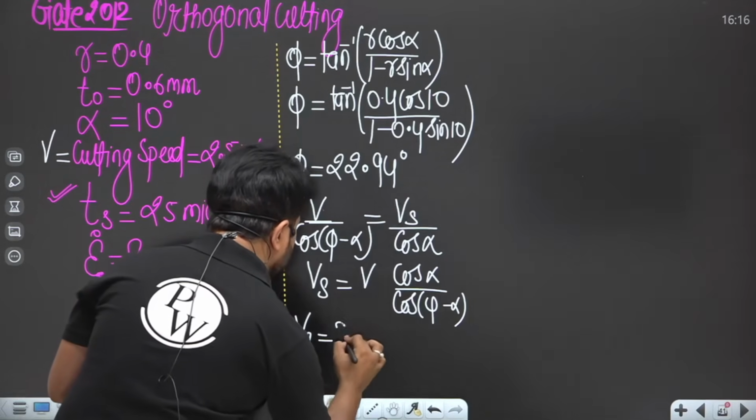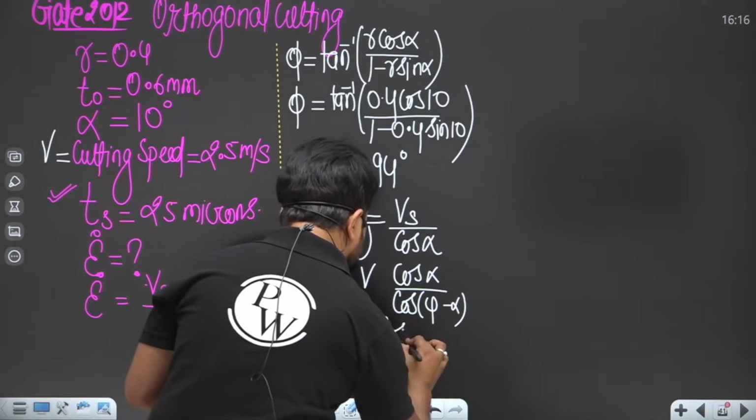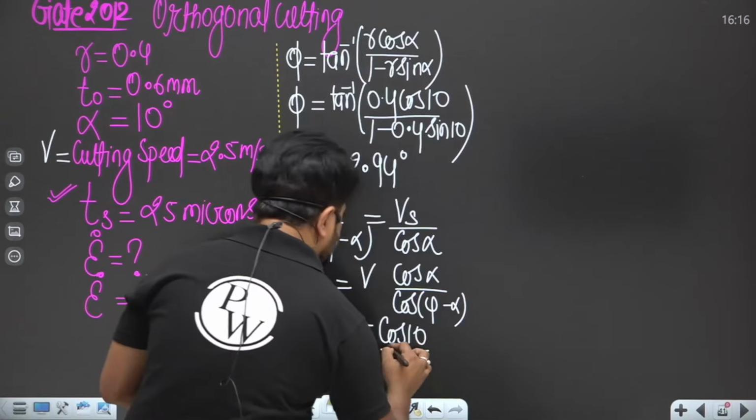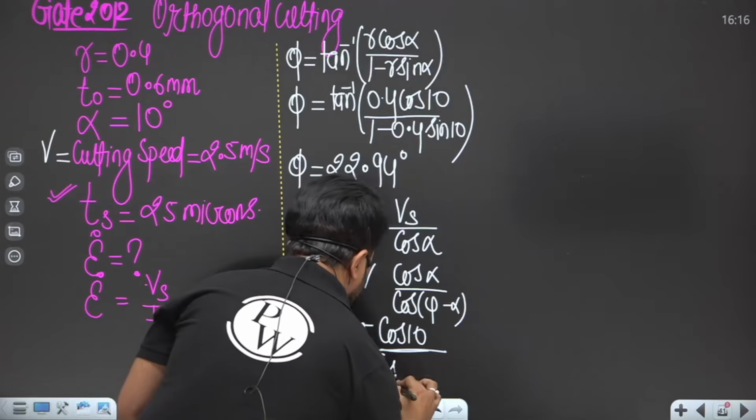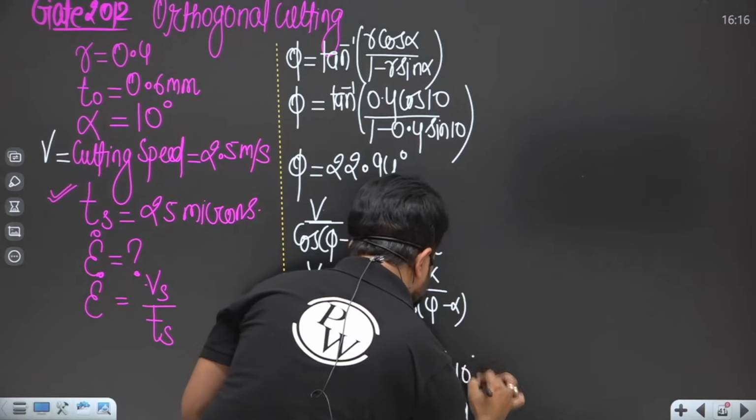Vs equals 2.5 cos of alpha, that is cos of 10, divided by cos of (22.94 minus 10).